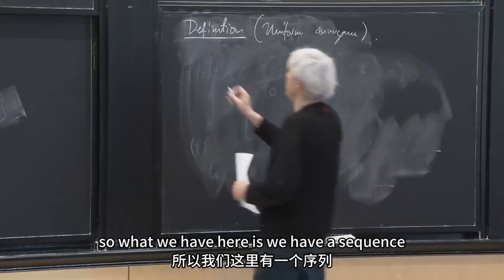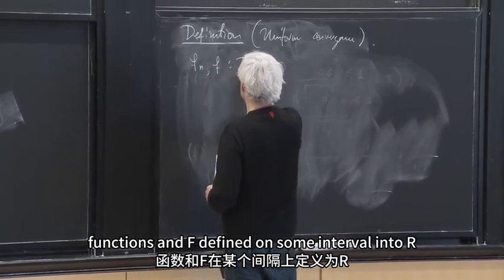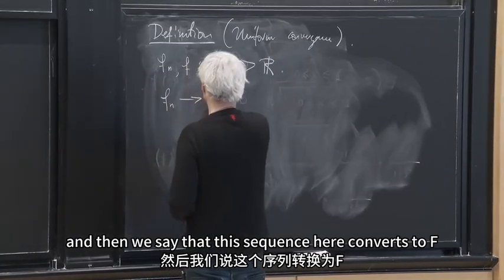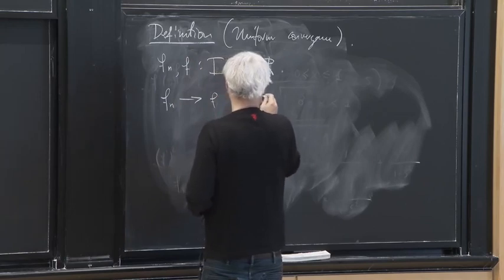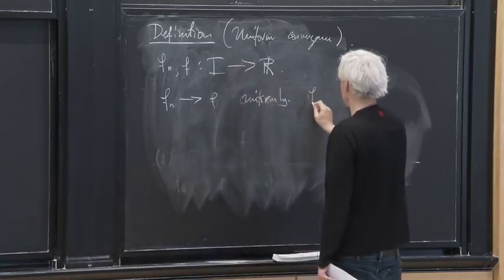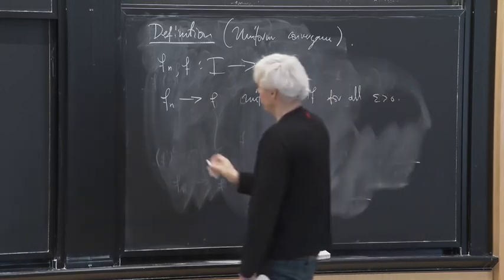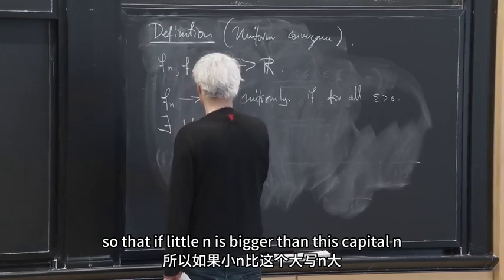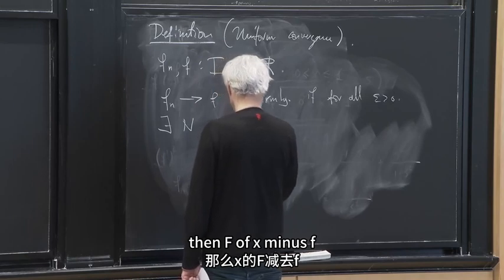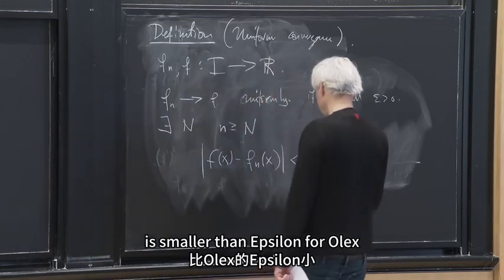So what we have here is a sequence of functions and an f defined on some interval into R. And then we say that this sequence converges to f uniformly if for all epsilon greater than 0, there exists a capital N, so that if little n is bigger than this capital N, then the absolute value of f of x minus fn of x is smaller than epsilon for all x.